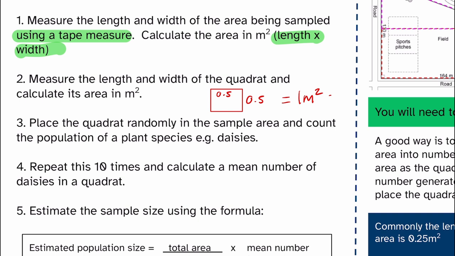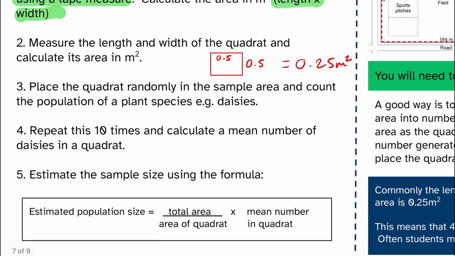If you do 0.5 times 0.5 on your calculator, you will get the answer 0.25 metres squared. Okay, so my advice there is always use a calculator, even for the things that you think are really simple. That's going to make a massive difference to our final answer. In fact, if you make that mistake, you will definitely lose marks.